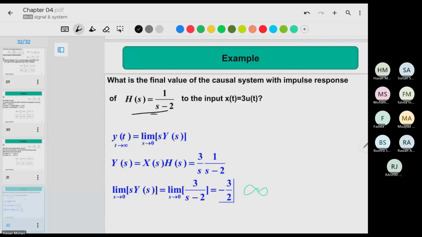Yeah, but we had one relationship, yeah. The final value in the time domain is if I multiply S by its Laplace transform and find it at S equals 0. We can use this one. It would, yes. But is it true? That's just my question.